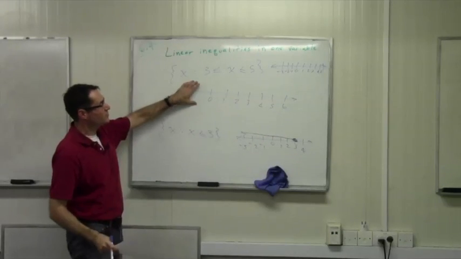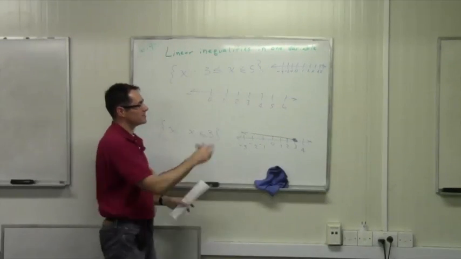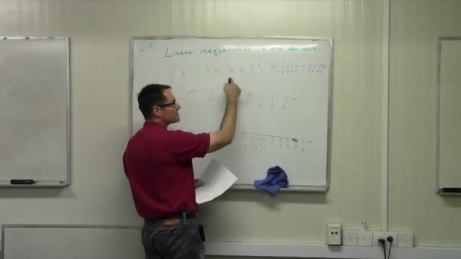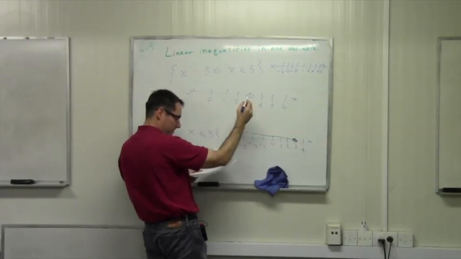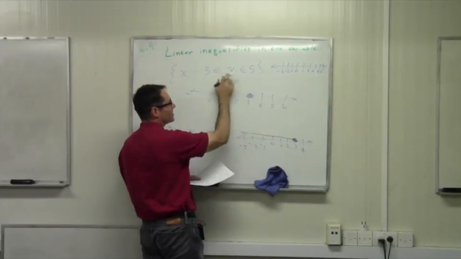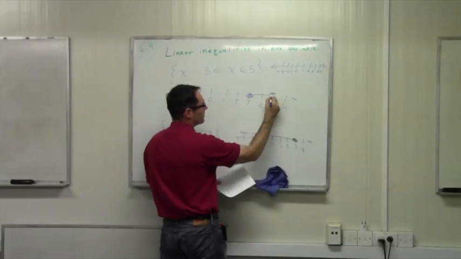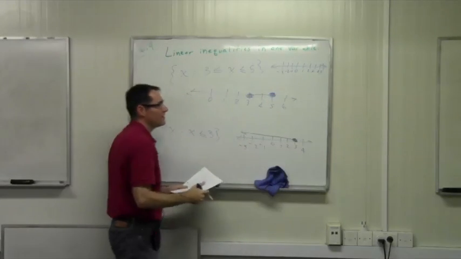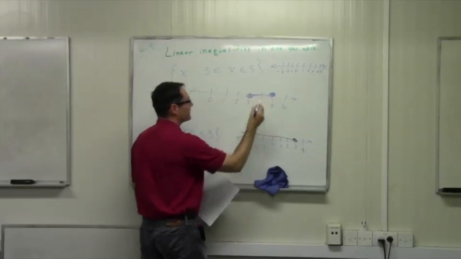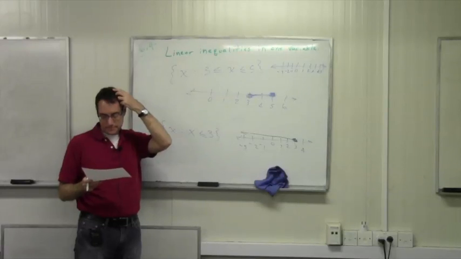For this one, 3 is less than or equal to x. And if it's less than or equal, do we fill it in? Yeah, we do. 3 is less than or equal to x, all the way up to 5, which is also x is less than or equal to 5. There's your little number line. That's how you would label or graph that.